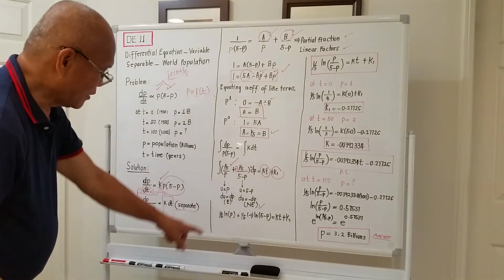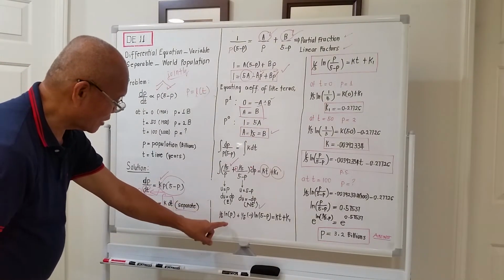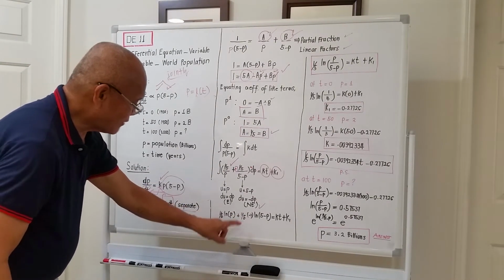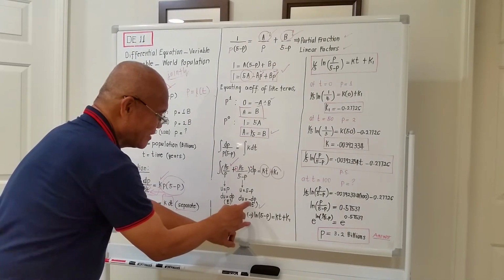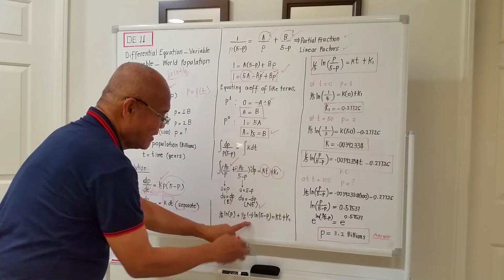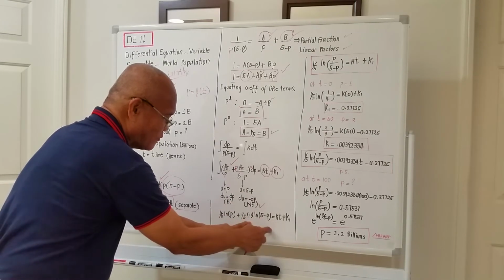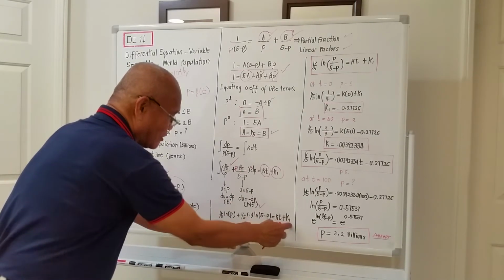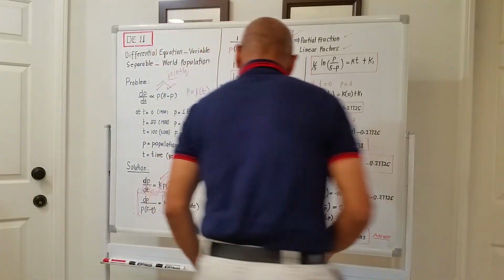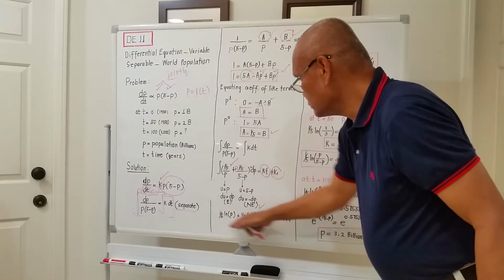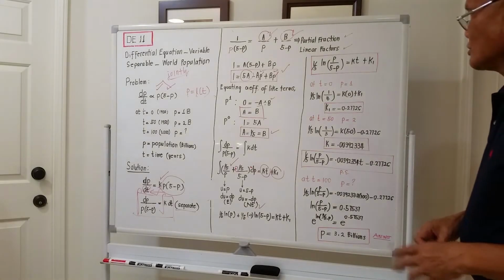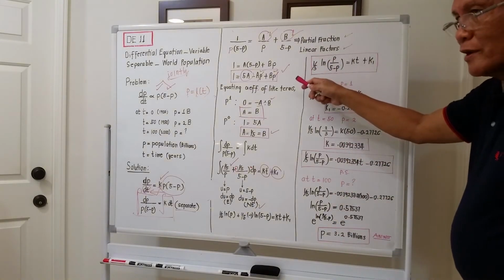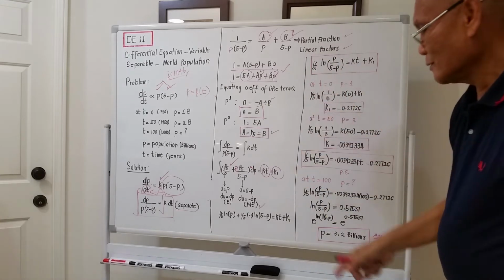So the integral of the first one should be 1/5 the natural logarithm of p, plus 1/5. We will place a negative sign because du should be negative, right? The natural logarithm of 5 minus p plus kt plus k1. And if we try to combine this, the logarithm of a quotient should be the logarithm of the numerator minus the logarithm of the denominator.